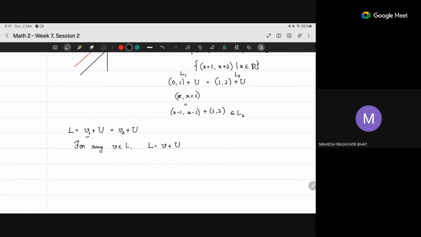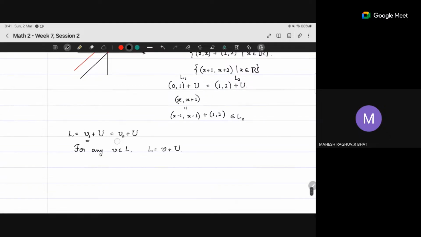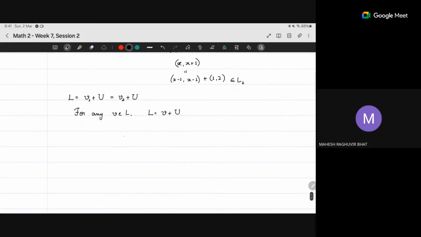And then all the v's that are permitted to be added to the given u is any vector of L itself. So suppose you are given x equal to 1, the other example that we are showing. I can say the corresponding subspace is x equal to 0. Plus, what are all the vectors that I can add?